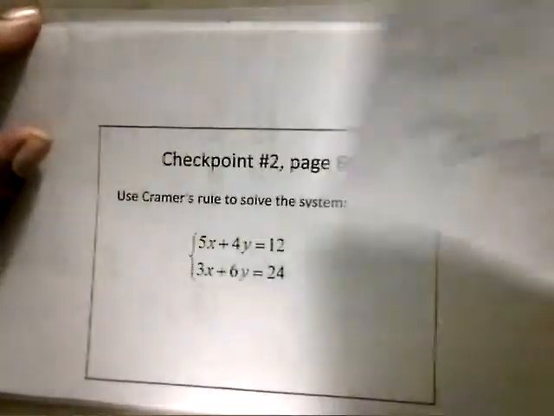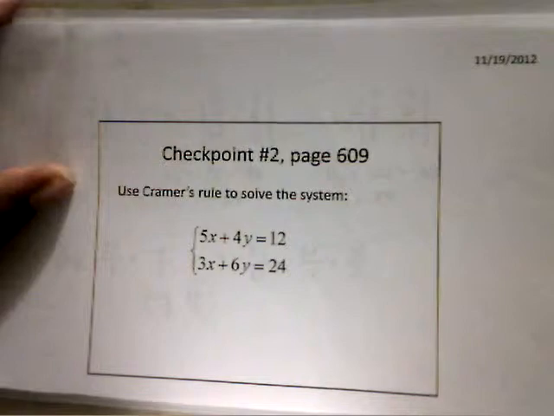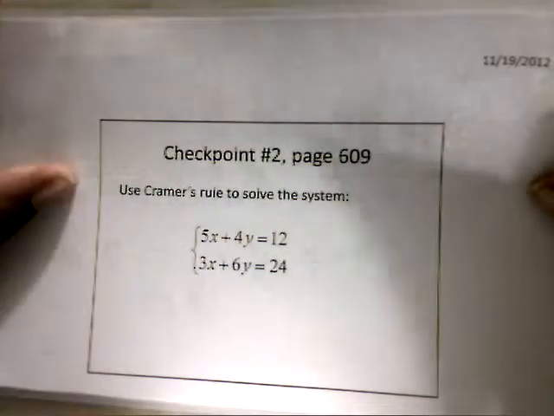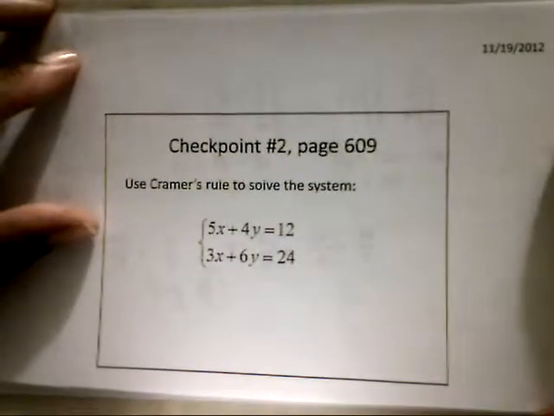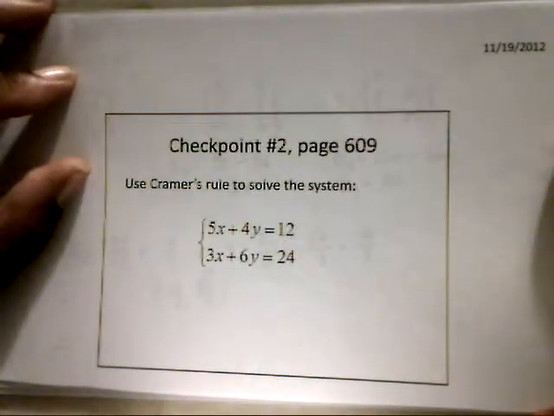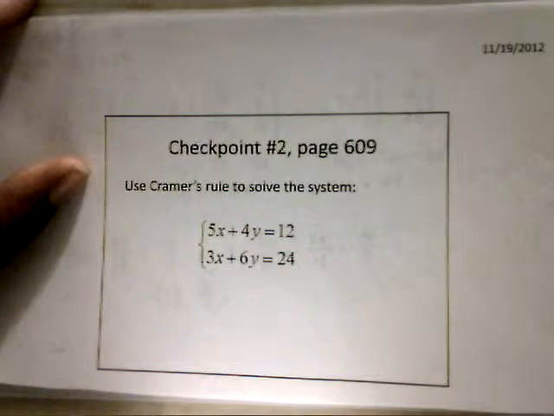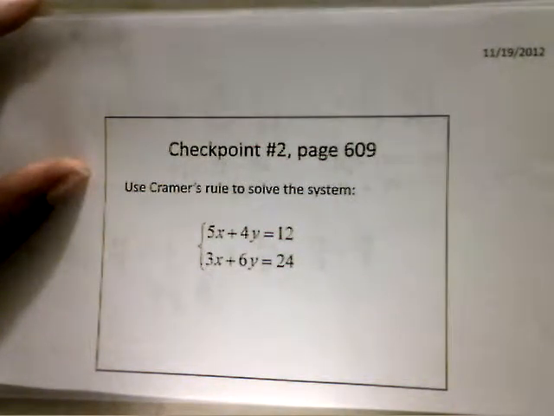Okay, all right, let's look at another example here. Here I want to solve this system using Cramer's rule as well. 5x plus 4y is equal to 12, and 3x plus 6y is equal to 24.